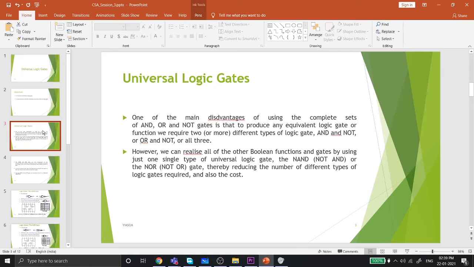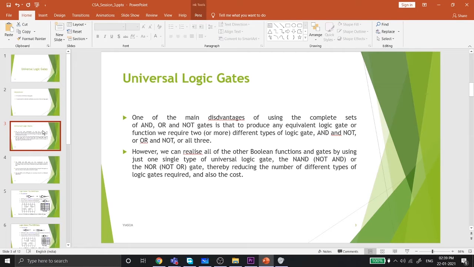So the solution to this was to create a universal logic gate, and the universal logic gates are NAND gate and NOR gate. The thing about NAND and NOR gates is that they are self-sufficient. That means you can create all logic operations or logic circuits using just one of these gates, with different combinations of the same gate.